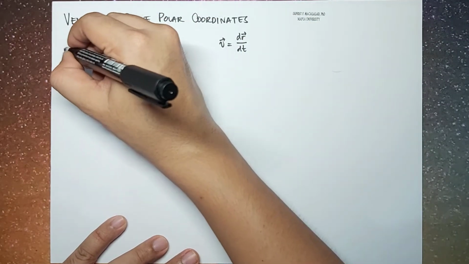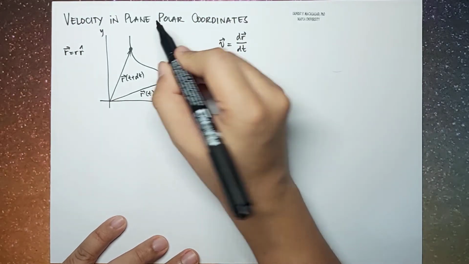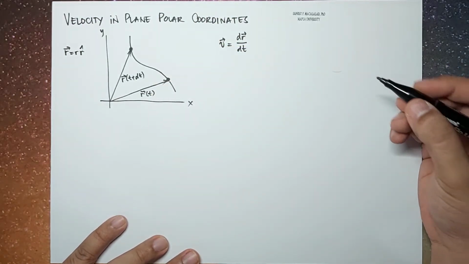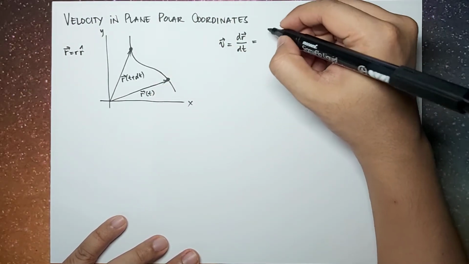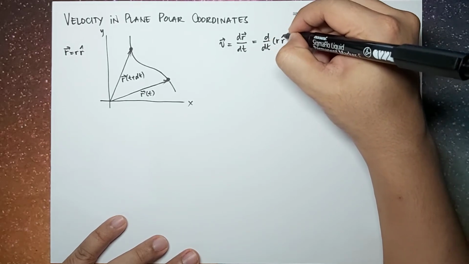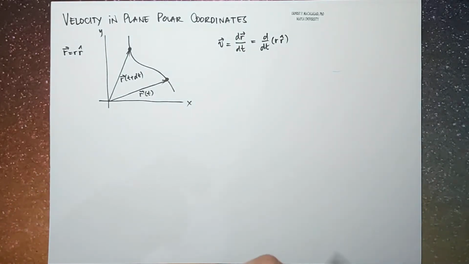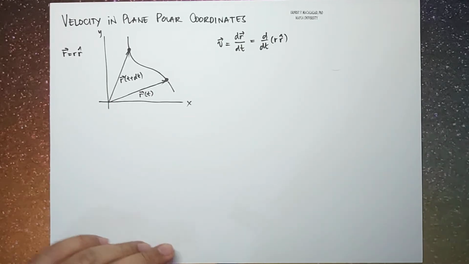So we know that the position vector will just be equal to r r hat in plane polar coordinates. So we just take the derivative with respect to time of r r hat. Now before we take the derivative, let's first analyze what happens to the unit vectors at each time.